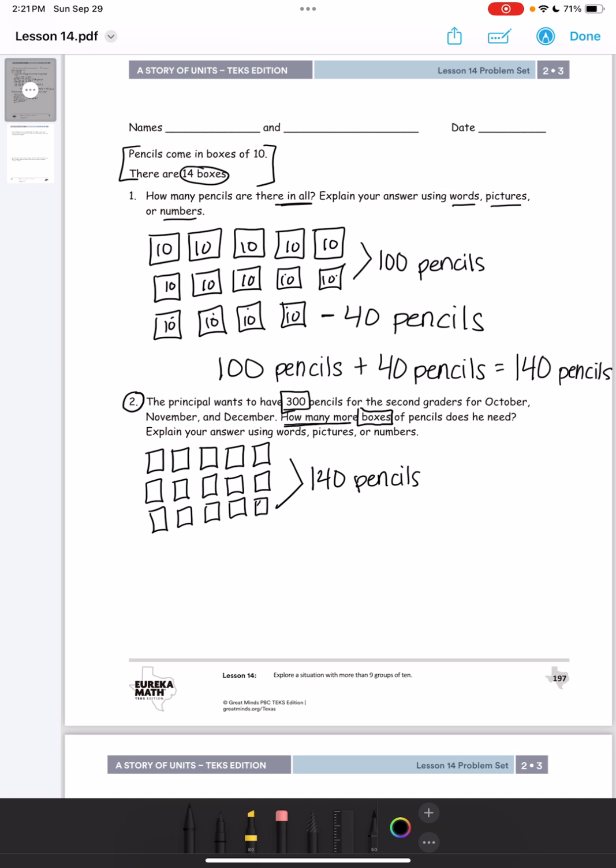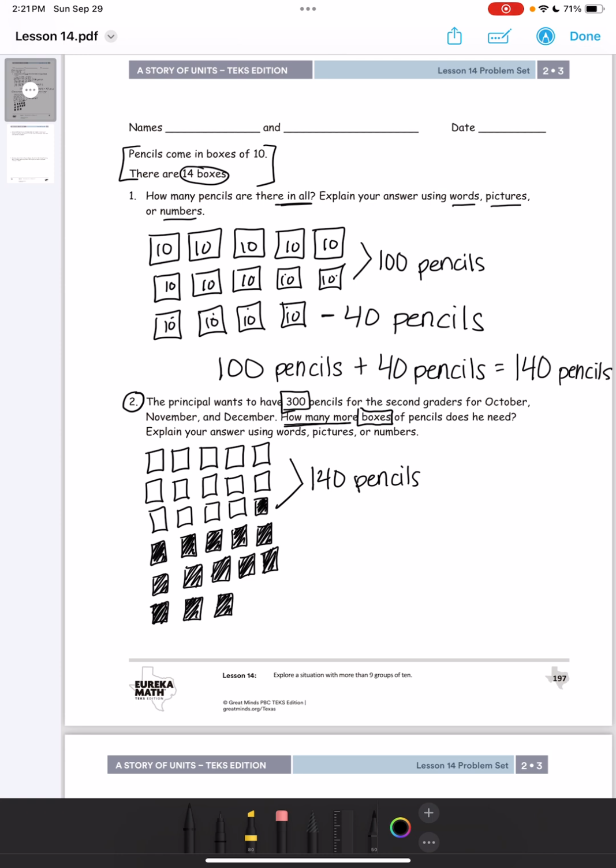So that would be 150, 160, 170, 180, 190, 200, 210, 220, 230, 240, 250, 260, 270, 280, 290, 300.